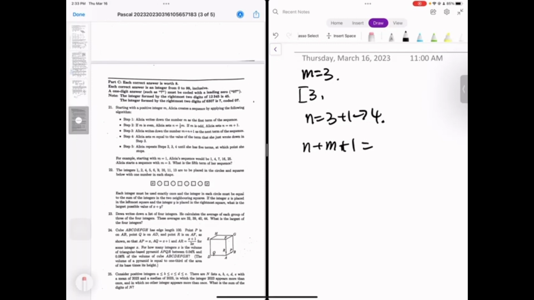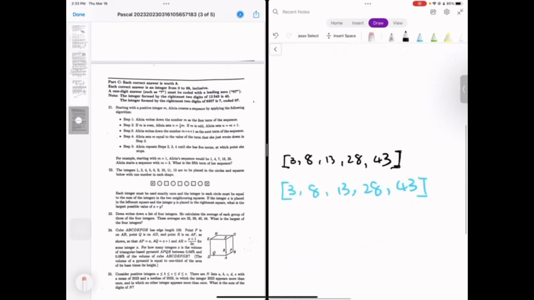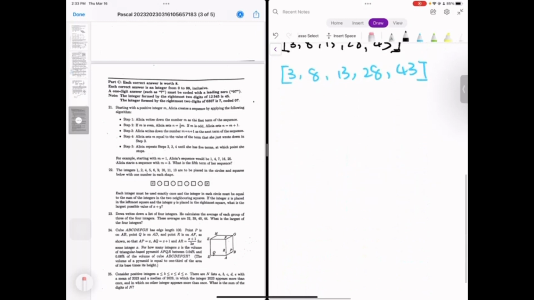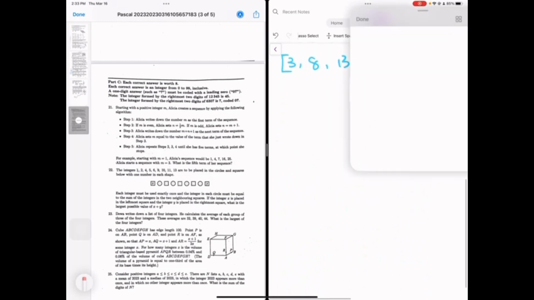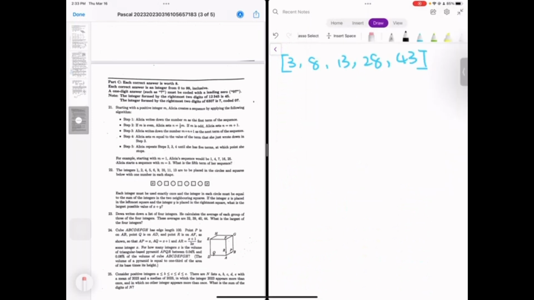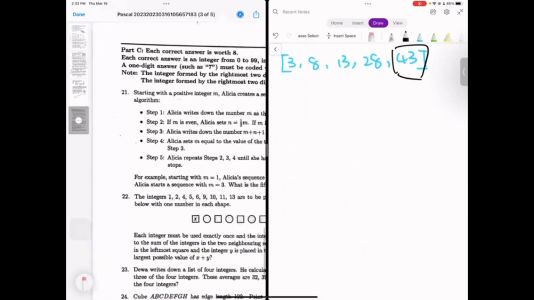That is 3 plus 4 plus 1, and that is 8. And 8 becomes the second term of the sequence. So we just follow this procedure until we get the 5th term of the sequence. We know that 43 is the final answer that we want, so here should be 43.